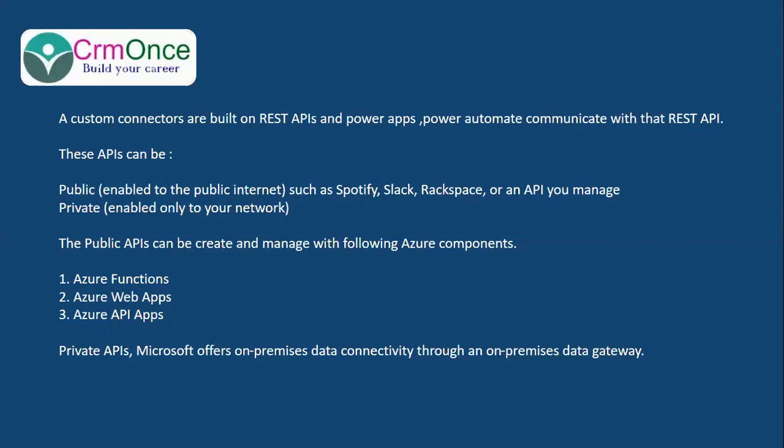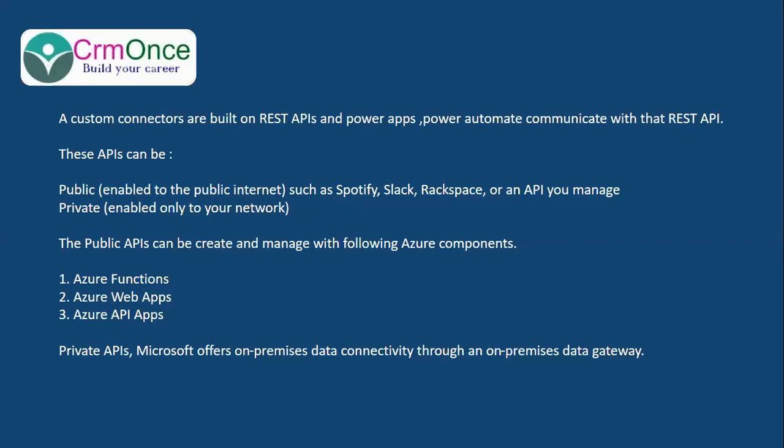Public means the APIs are exposed to the internet, such as Spotify, Slack, Rackspace, or API Management, where you can deploy them. Private means it's enabled only on your network, and those connectors we can utilize by using gateways.